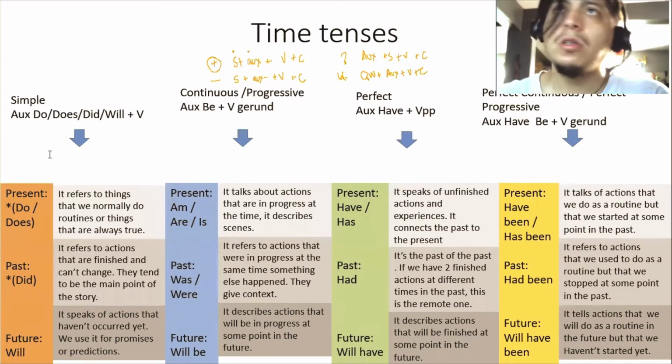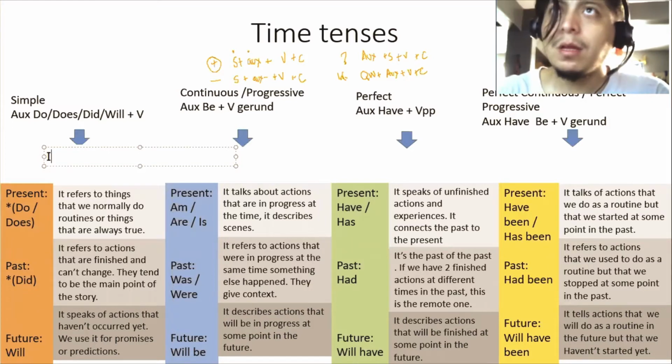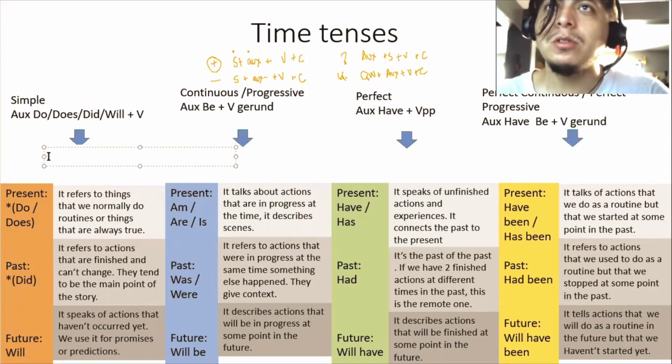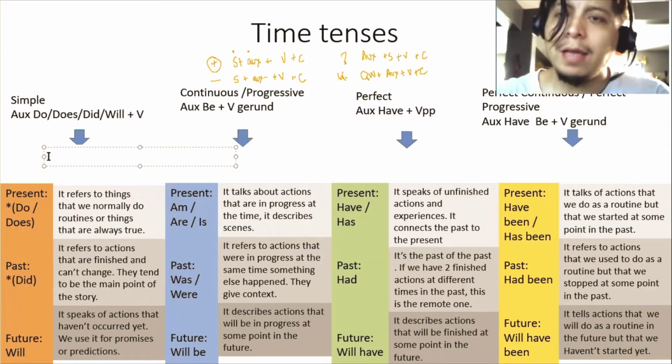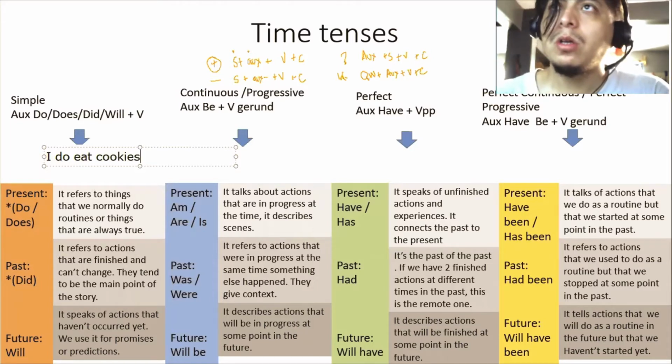Okay? So for example, we have here the simple present. In the simple present, the auxiliary is do or does. So you have subject, I. Auxiliary, do. Verb, eat. Complement, cookies.